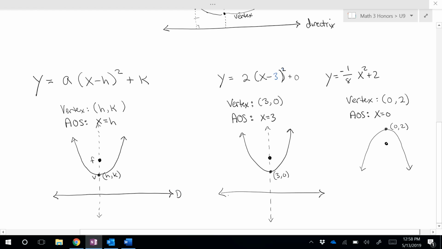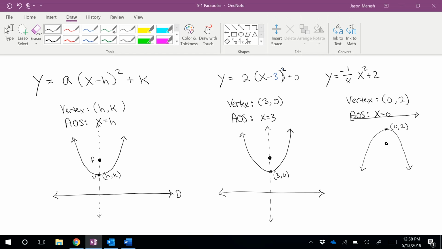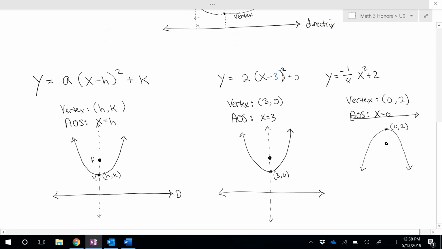And what do we know about the directrix and the focus in relation to the vertex? Equidistant. Okay. And I'm not going to take the time to do this, but we could prove what that distance is, and I'm just going to give it to you.